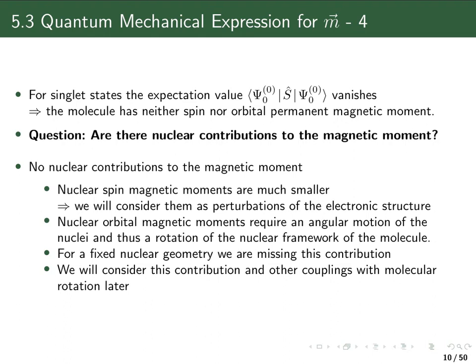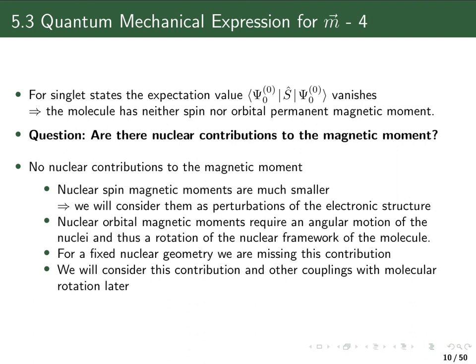The next question is: in the electric case, we had also a nuclear contribution to the electric dipole moment, so is there not a nuclear contribution to the magnetic moment? Well, the answer is a bit more complicated here. Of course, the nuclei in molecules can have nuclear spin. Every hydrogen atom, every proton, has a nuclear spin, and a lot of other nuclei also have nuclear spin.